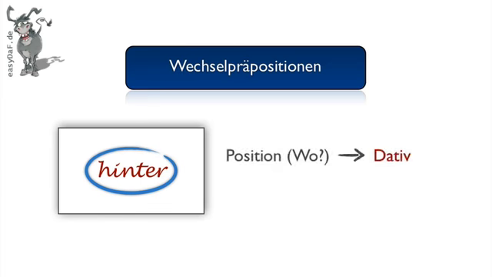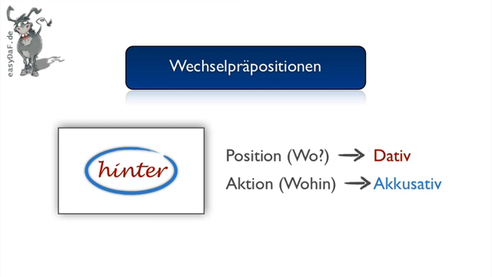So if this preposition expresses a position, which you would ask for in German wo, which is in English where, then it uses the dative case. On the other hand, if it expresses an action where you would ask wohin, or in English where to, then it uses the accusative case.